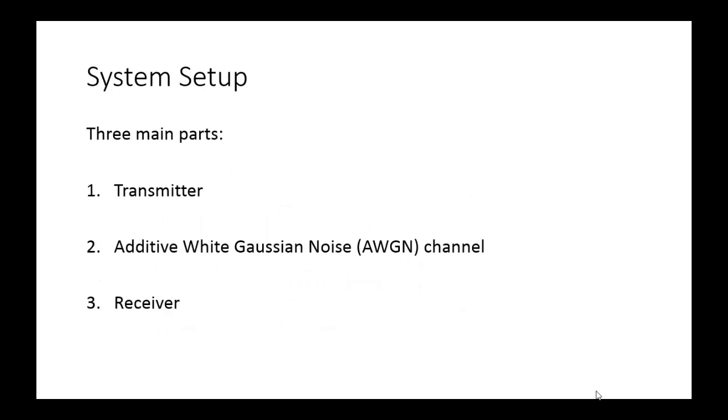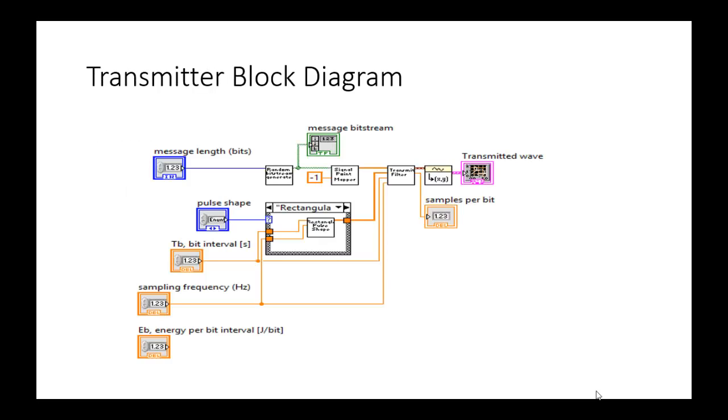The system consists of three main parts: the transmitter, an additive white Gaussian noise channel, and a receiver. This is how the transmitter looks like. There is a random bit stream generator that generates bit stream messages, which are then mapped onto signal levels by the signal point mapper.